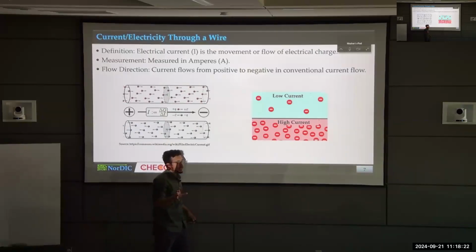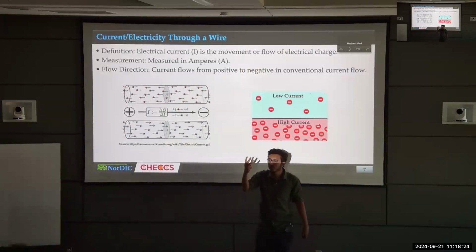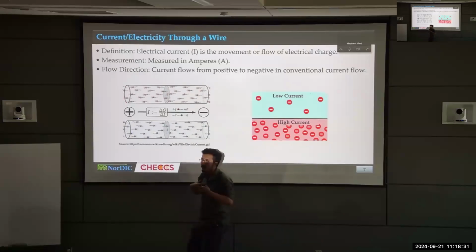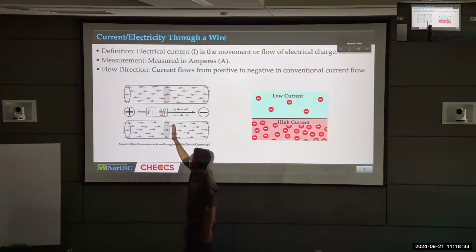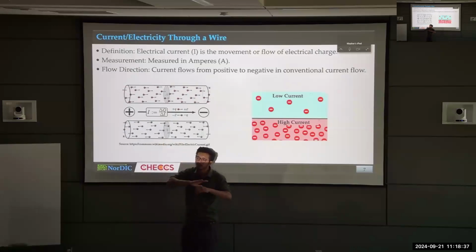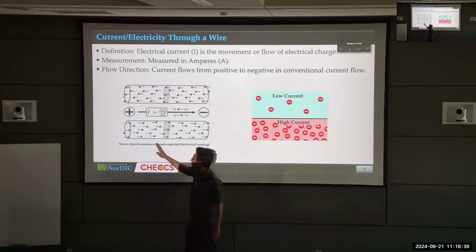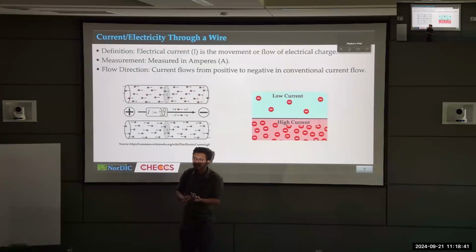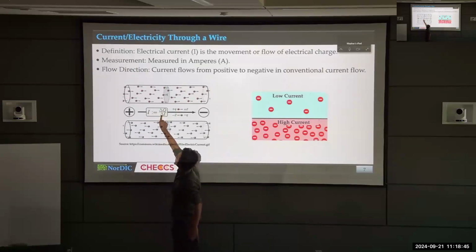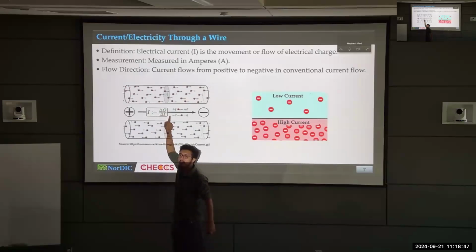For example, if someone informs me that 3 coulomb of charge has passed through this plane, which means a huge number of electrons, and I have counted 3 seconds for this 3 coulomb to pass, then the current will be 3 coulomb divided by 3 seconds, which is 1.